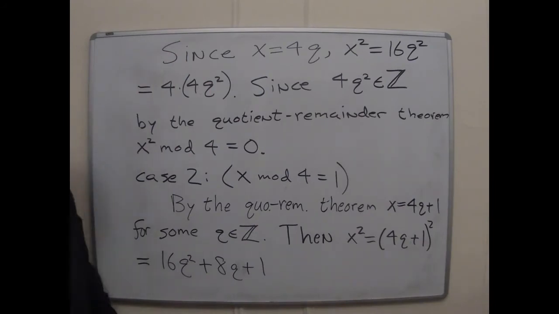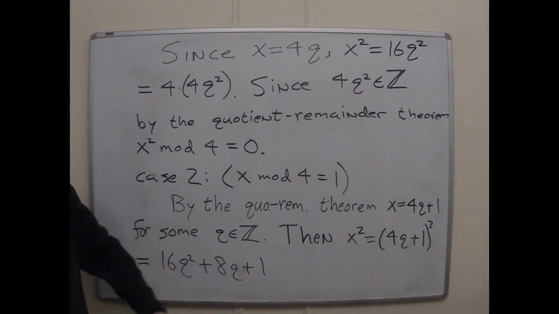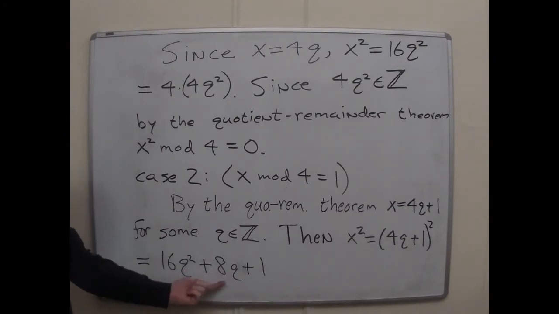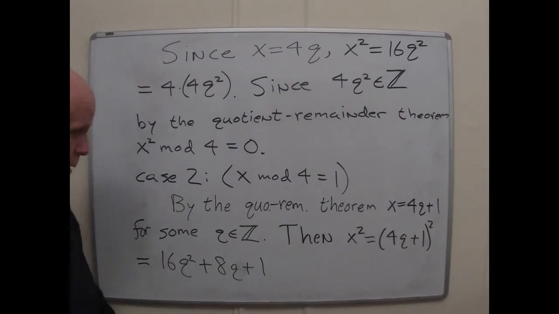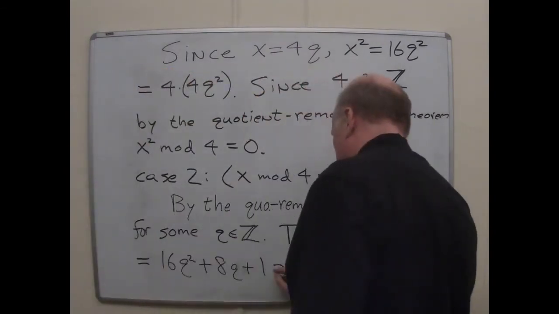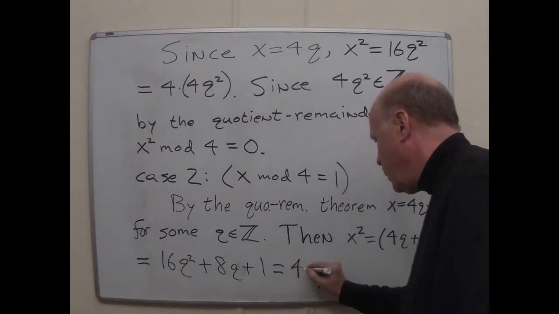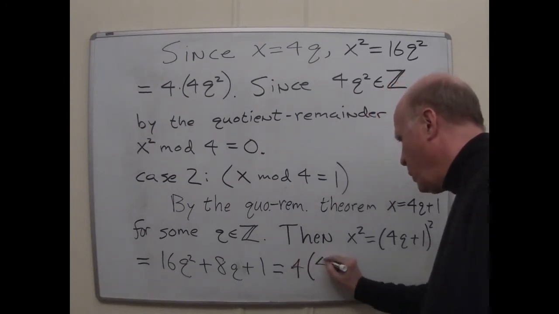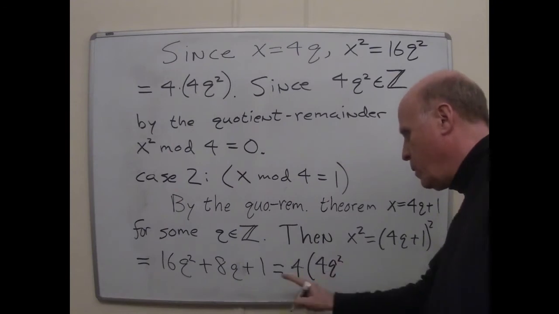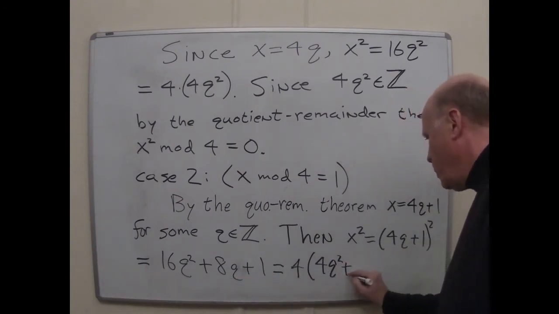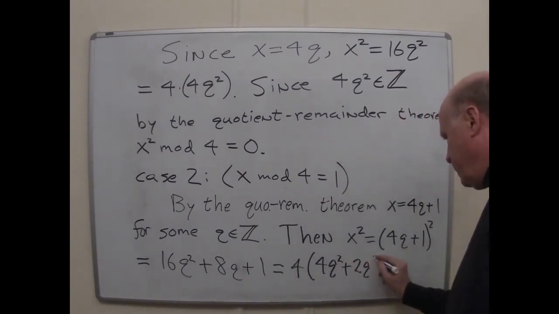Now, is this going to be something that's 1 mod 4 or 0 mod 4? It's certainly not going to be 0 mod 4 because these things are already multiples of 4 and there's a plus 1 on the end there. Can we extract a 4 out of both of these? Well, actually, that's what I just said. So let's just do the algebra. This is 4 times something. What would the something be? 4q squared in the first term and 2q in the second term.